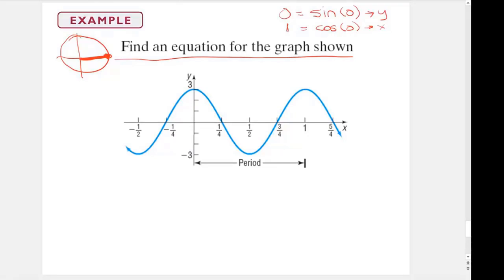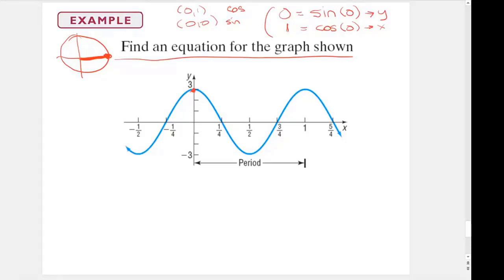Okay, good. So I can tell because of these values that I'm either going through the point 0, 1, or the point 0, 0. I'm obviously not going through 0, 0. The cosine starts at 1 usually, but here it's starting at 3.